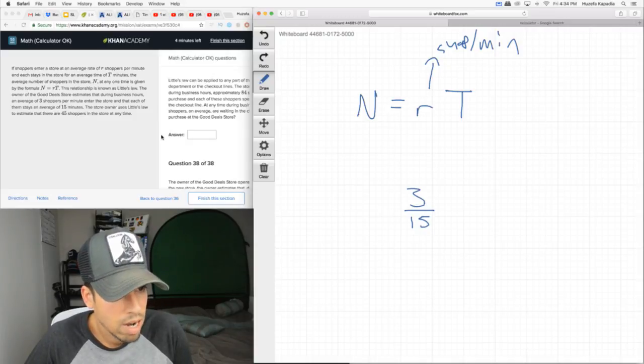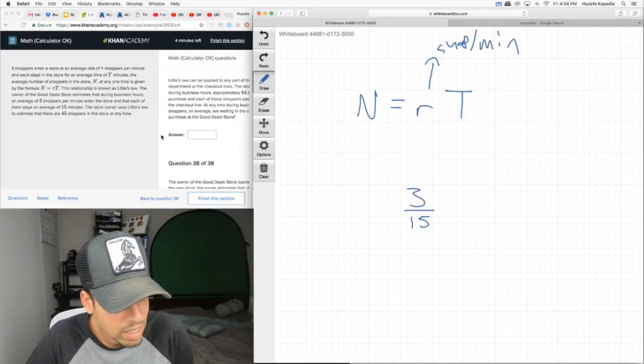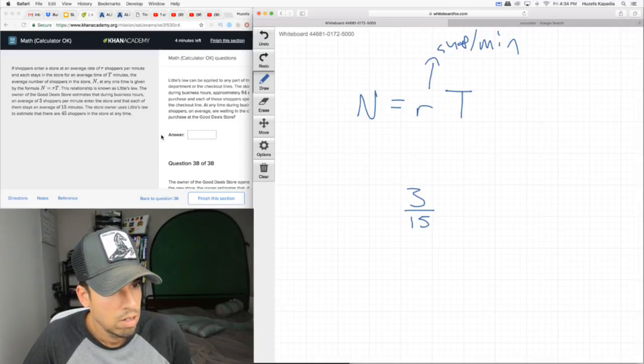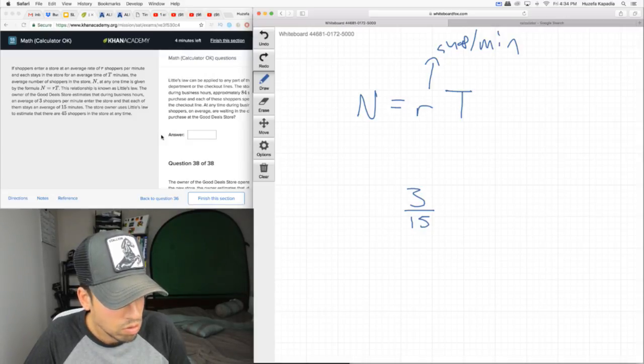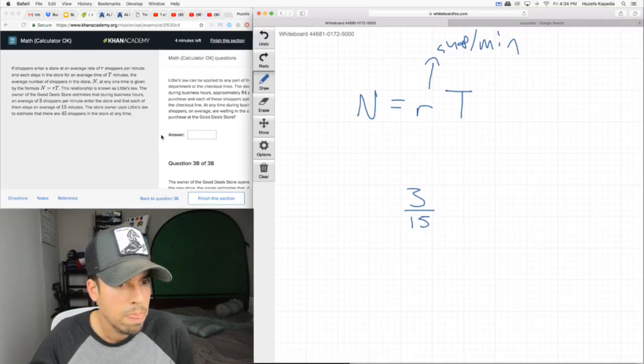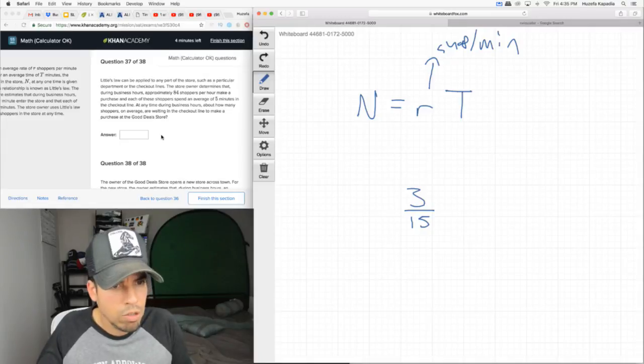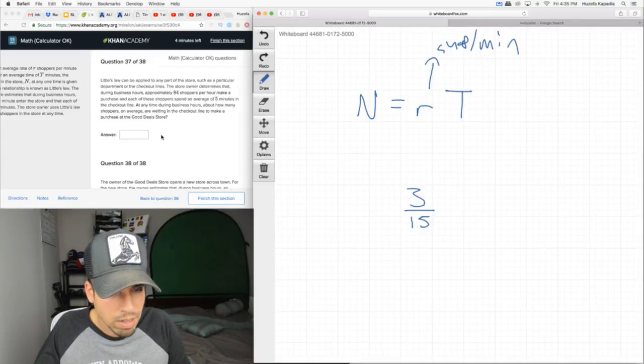Oh, wait, I understand. Okay. Shoppers enter a store at an average rate of R shoppers per minute, and each stays in the store for an average time of T minutes. R shoppers per minute. Okay, the average number of shoppers in the store at any one time is given by N equals RT. So 84 shoppers per hour make a purchase, and each of these spends 5 minutes.